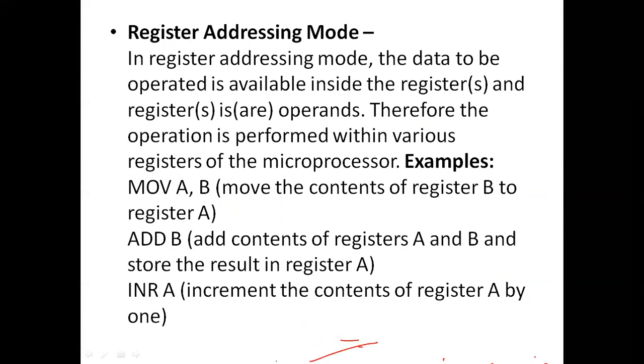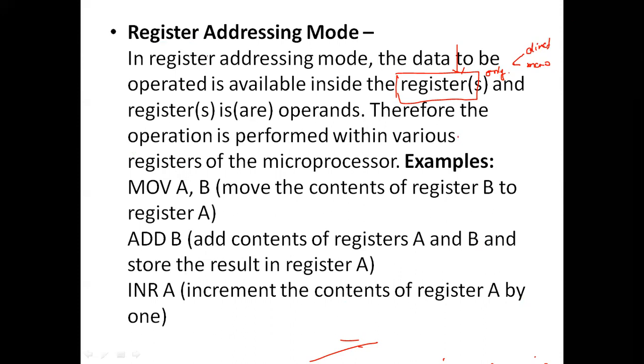We are not going to specify it directly, and we are not going to specify it in a memory location. We are going to specify it only in the register. So that is the register addressing mode.